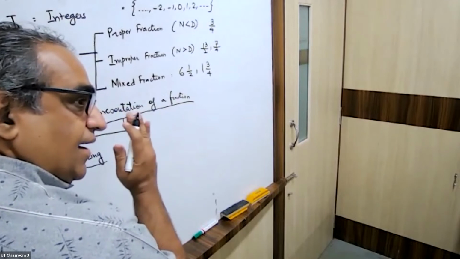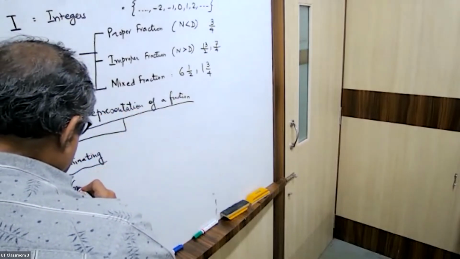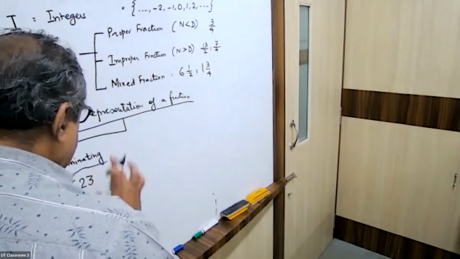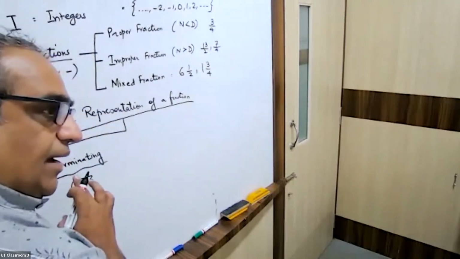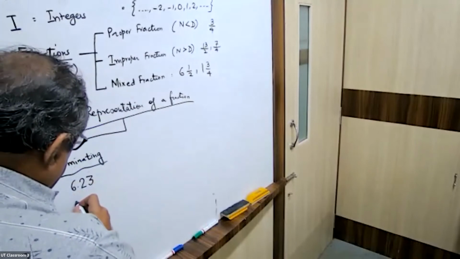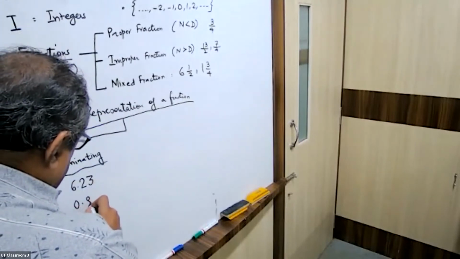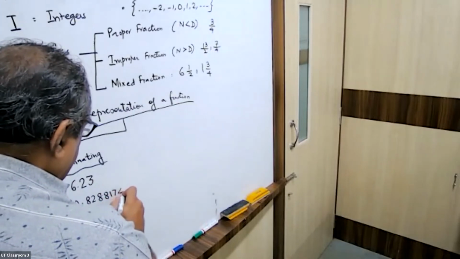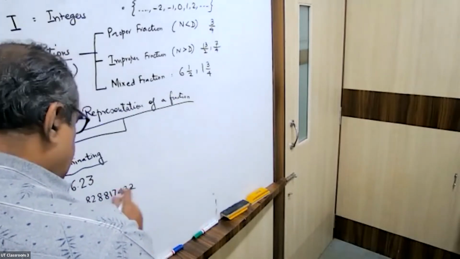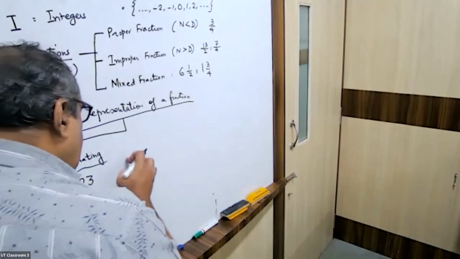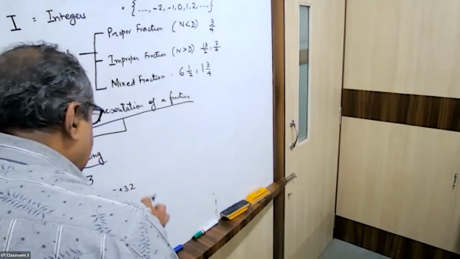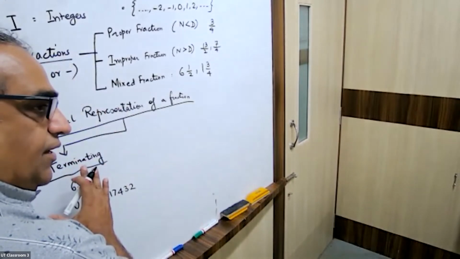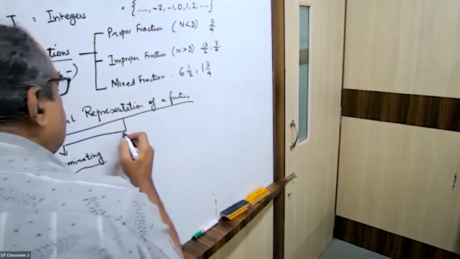It comes to an end. 6.23. It has come to an end. Terminating type of a decimal representation. 0.823817432. Yes, it took a long time, but it has come to an end. It has terminated. So this is called as a terminating type of a decimal representation.